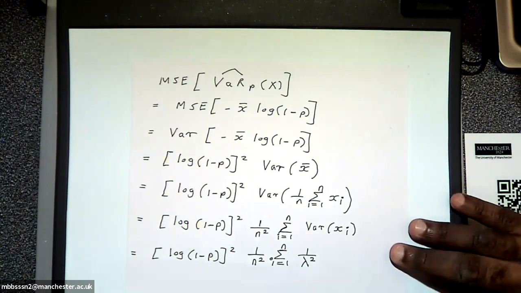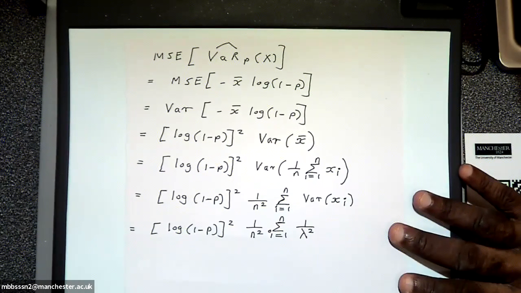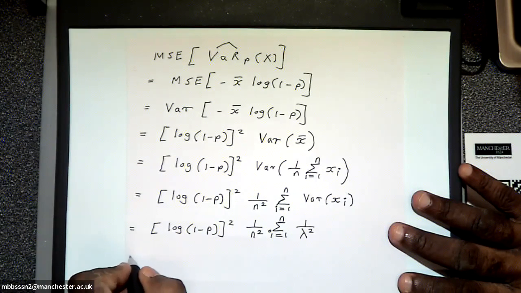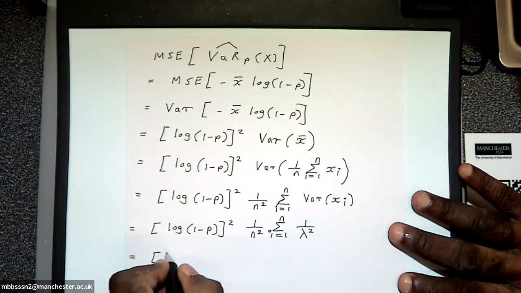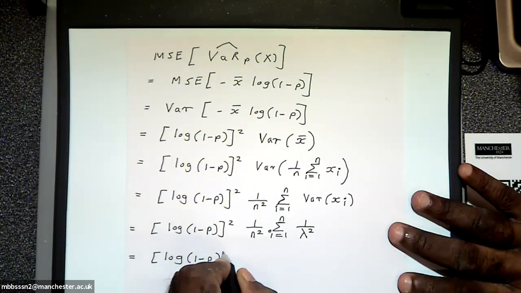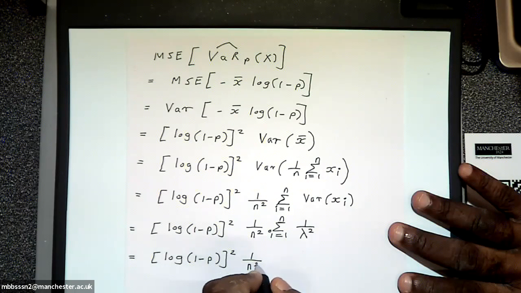Okay. So this becomes... 1 over lambda squared is a constant with respect to i.